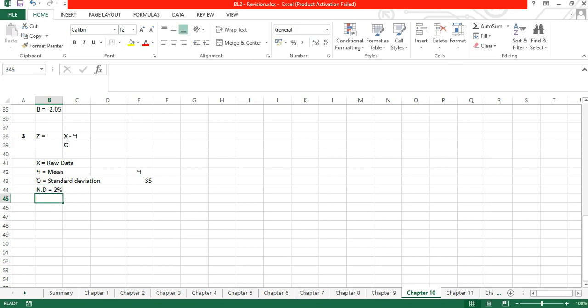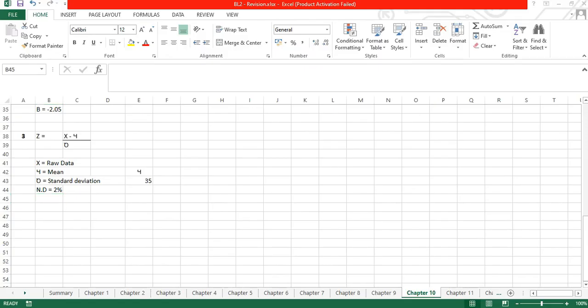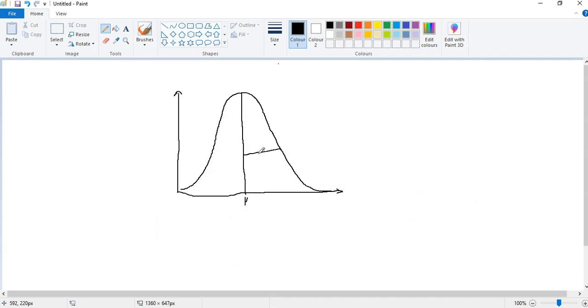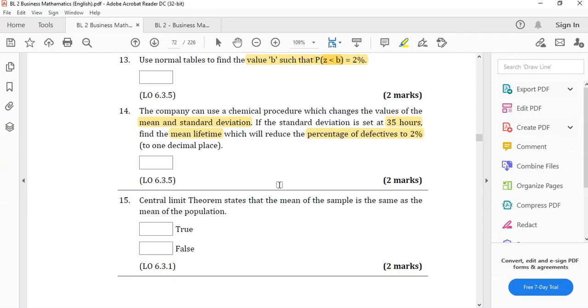That means if you are drawing a normal distribution table, the standard deviation is 35, and the mean is what we need to find. Mean is right in the middle. The raw data, actually in this question they have missed to mention what the raw data is. But in the answer they mentioned the raw data.